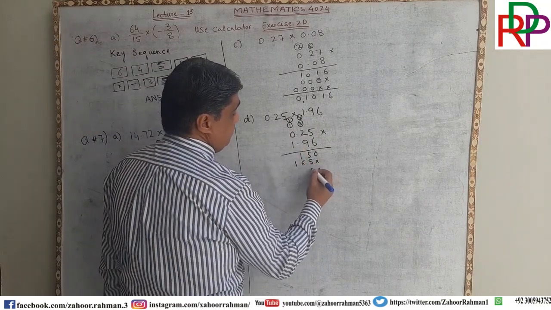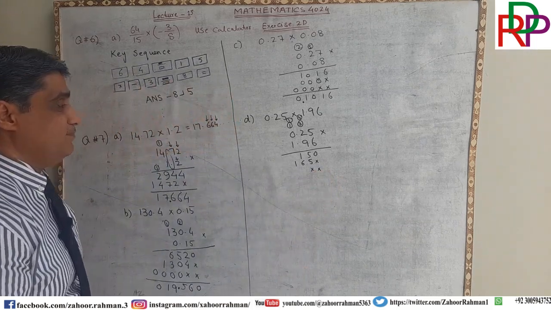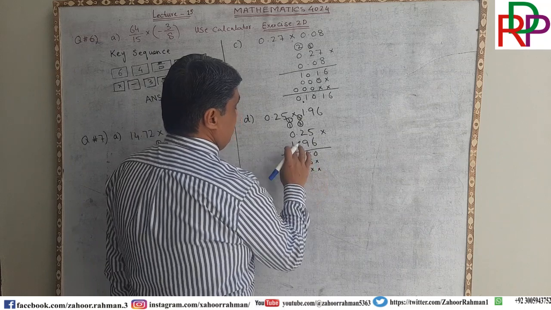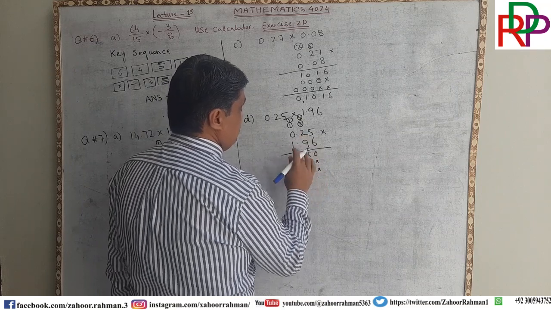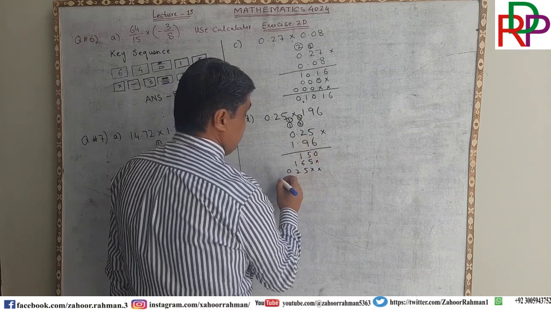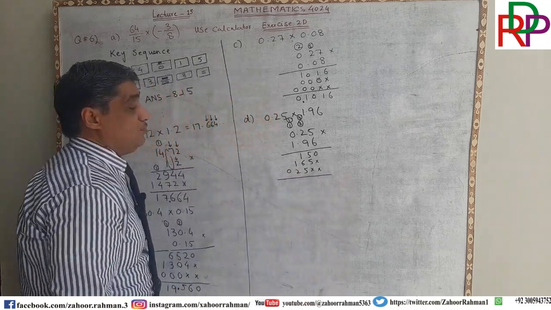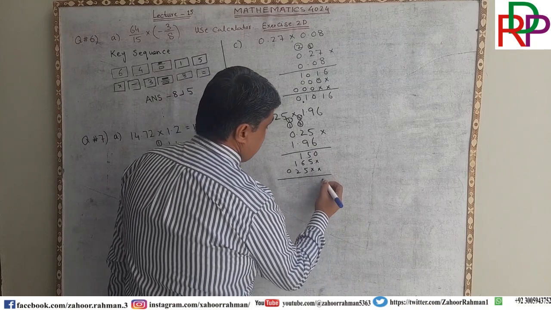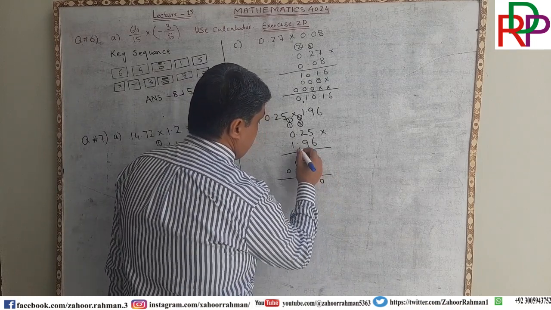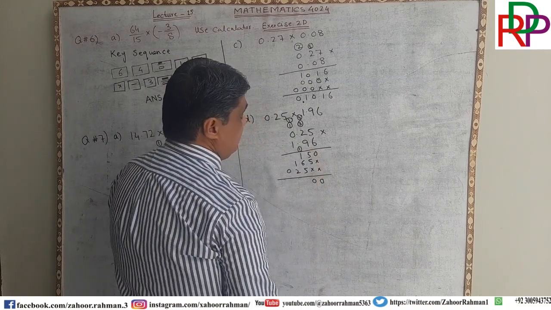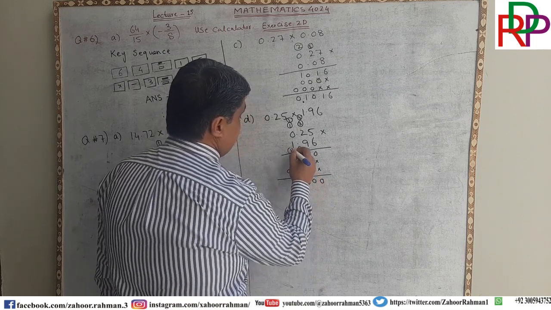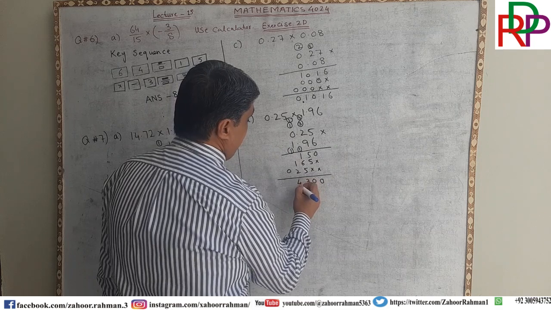Then I have to put 2 crosses. 1 5s are 5. 1 2s are 2. 1 zeros are 0. I have to add all these numbers, which is 0, which is 0, 1 is carried. So 8 and 5, 13 and 1 is carried, and then 4 and then 0.